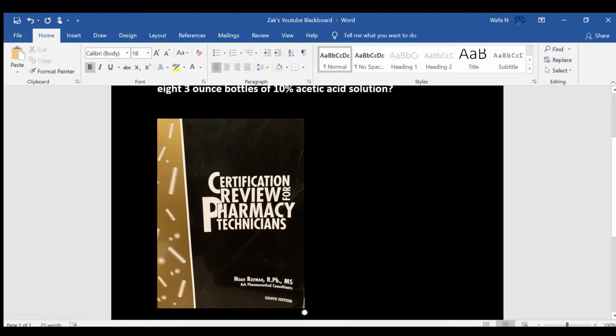So if you're wondering where some of those questions are coming from, it's all from this particular book. I don't want to get too detailed about it and seem like I'm endorsing it. There are plenty of other pharmacy technician books that one could utilize, but this is what I find to be very useful, and very expensive too. It's not cheap, so that tells you how much of a quality book it is.